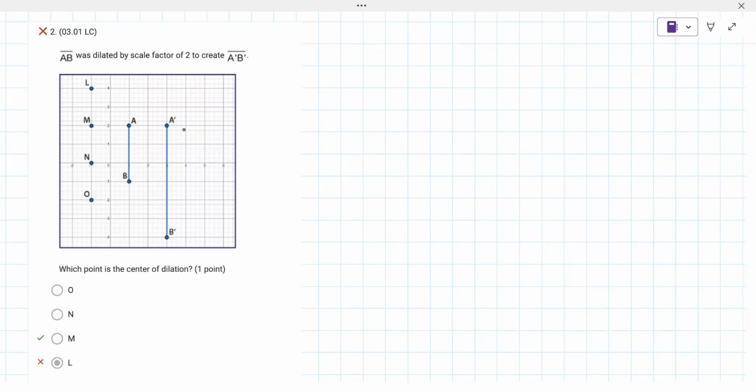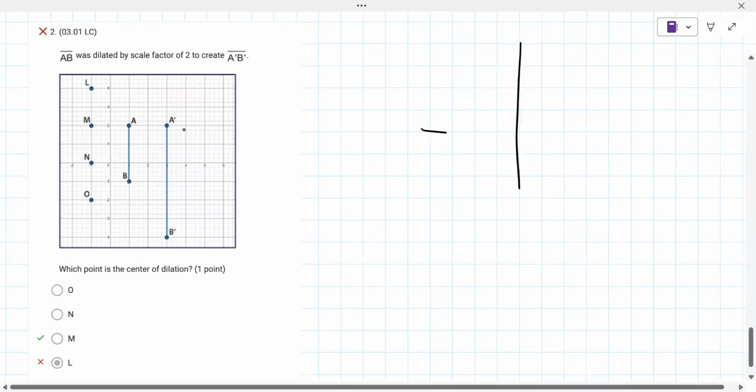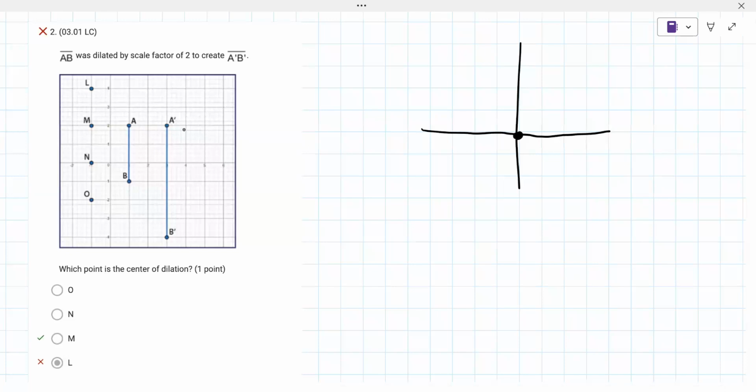So typically the dilations are centered at the origin, and you just enhance the image based on that. The short of it is that it's the point that these all line up with.